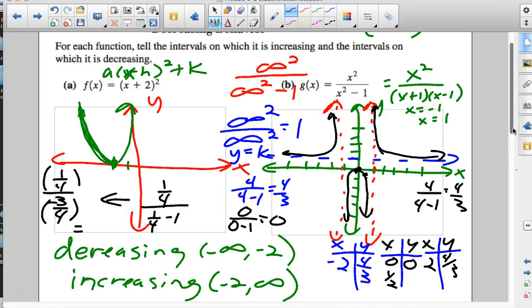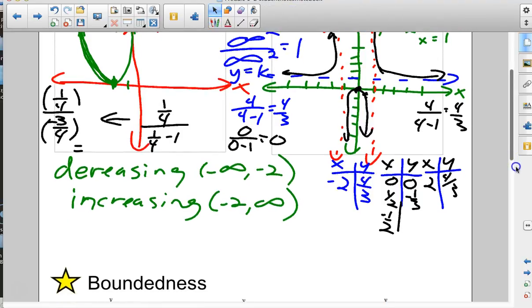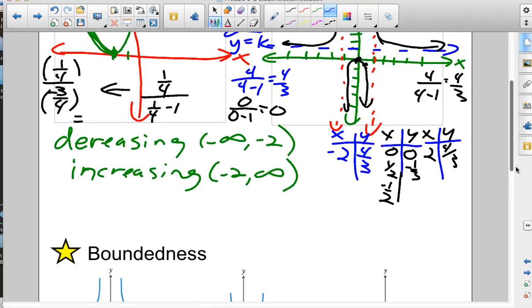Now, like I said, we really probably should put a -1/2 in here. That way we'd know for certain that that's coming back down. Or you can grab a calculator, because right now we're saying, hey, we don't have all the pieces quite together yet. We're going to get there. So what we need to do is talk about decreasing and increasing and all that good stuff.